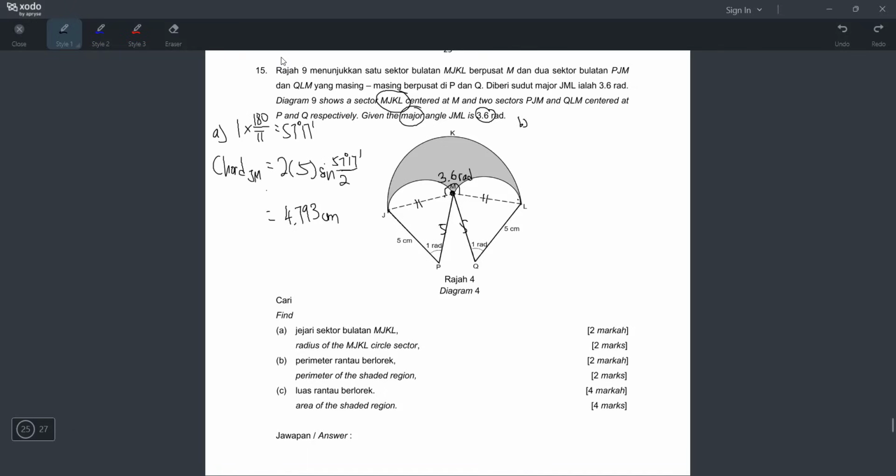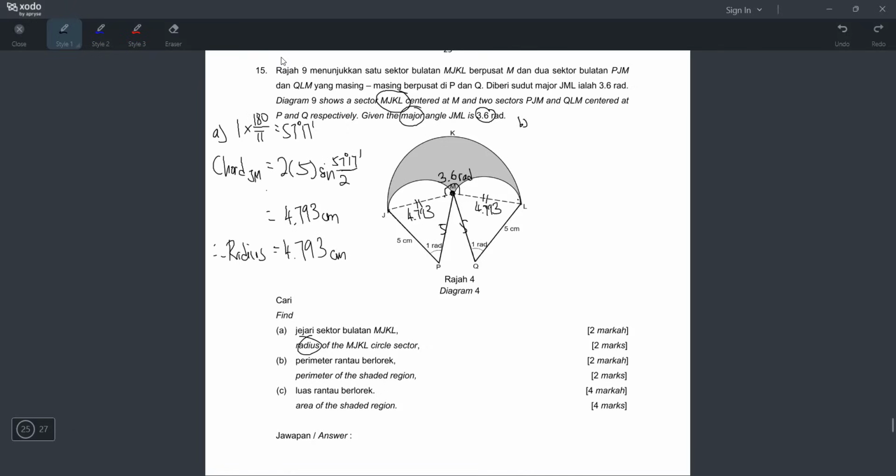The answer is yes, because when you have the radius, for question A, actually I should write like this, the radius. I know it's the chord, but at the same time it's also the radius of the big sector, the MJKL sector.